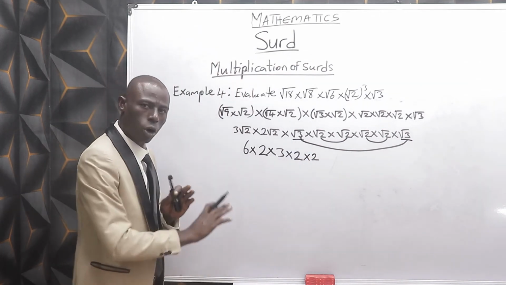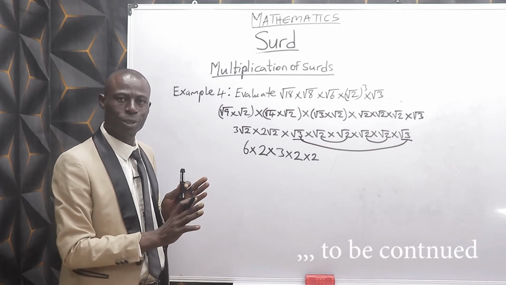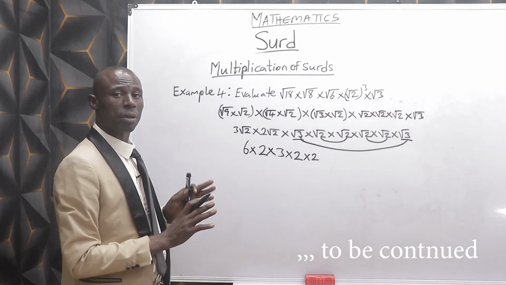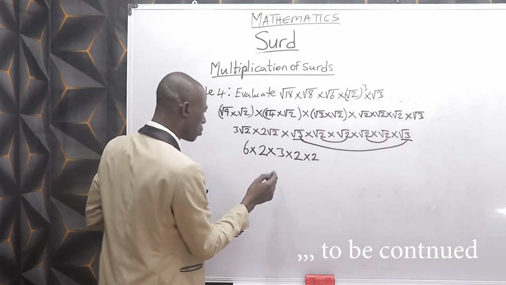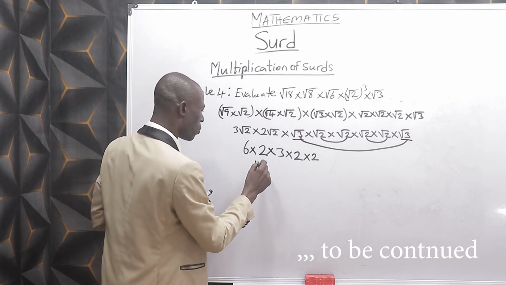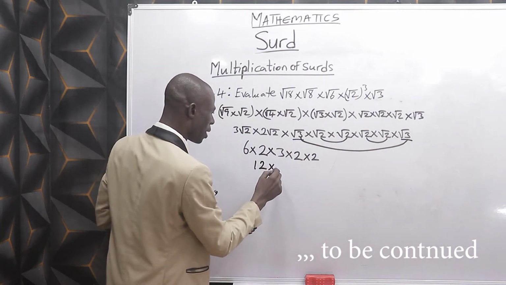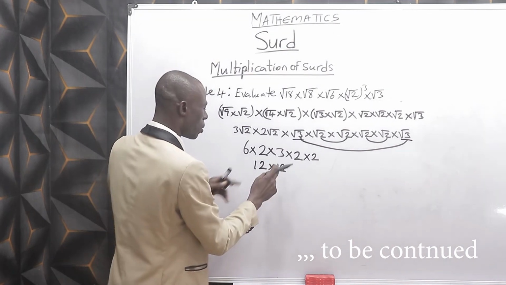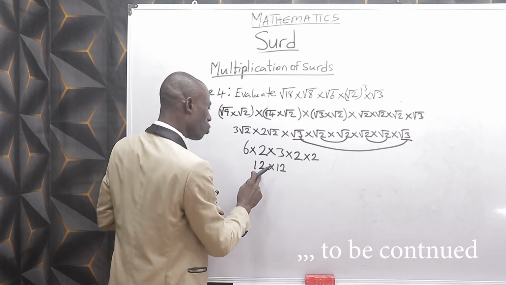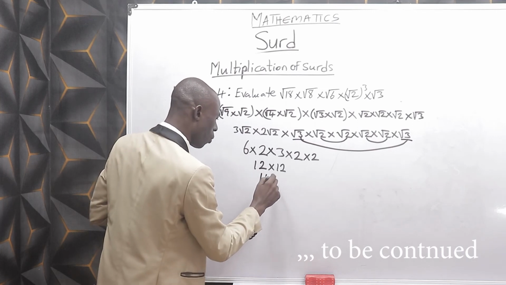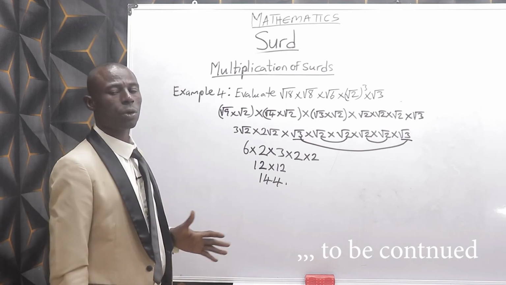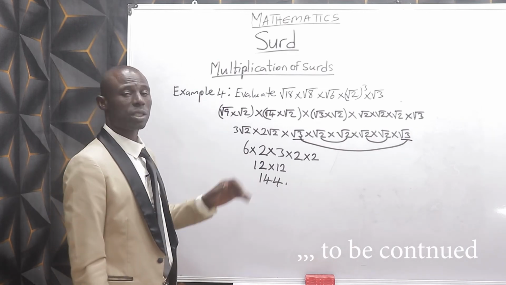There is no surd left on the board. We've turned everything to ordinary number. So, we have 6 times 2, that's 12, times 12. 3 times 2 is 6. 6 times 2 is 12. So 12 times 12 is 144. That is the end of the last example under multiplication of surds.